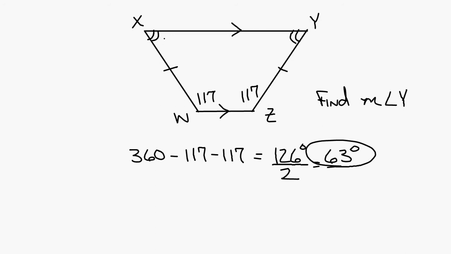Example 3B. In this case, your vertical sides are parallel to each other, and your horizontal sides are congruent to each other.